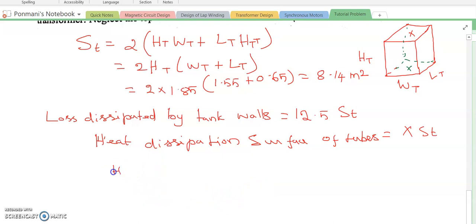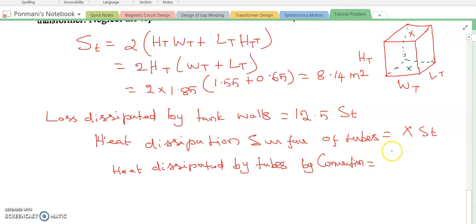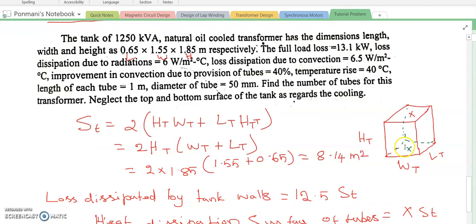So now heat dissipated by cooling tubes due to convection. Okay. So these we have already discussed. So I am simply writing it as tubes by convection. It is given in the problem. It is 6.5 times for convection, and the percentage is given as 40% more.